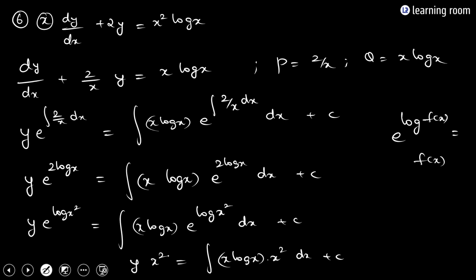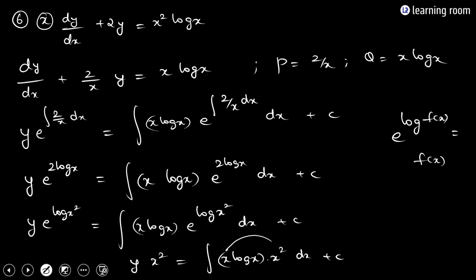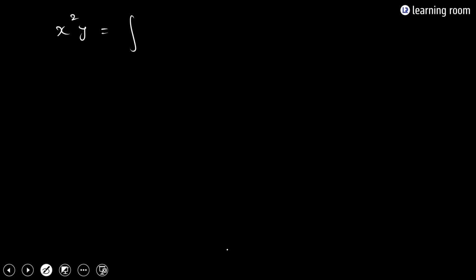Okay. Now listen to this carefully. x square y is equal to integral of x square into x, so this will be equal to x cube log x dx plus c.